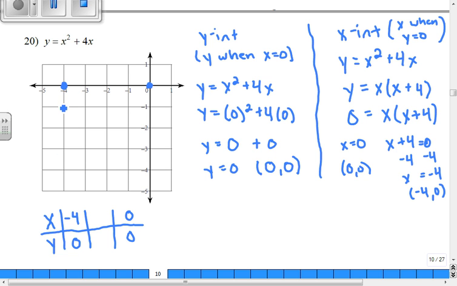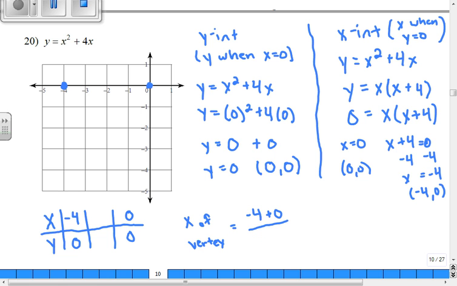Okay, we really need 3 points to sketch a good parabola. So let's find our vertex. And we know that the x value of our vertex is going to be the average of our x-intercepts. So our x-intercepts were -4 and 0.